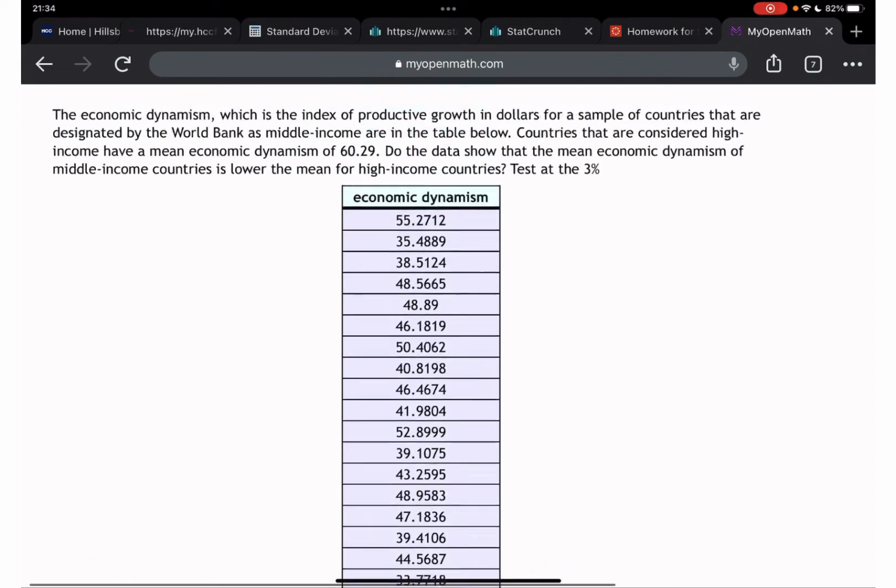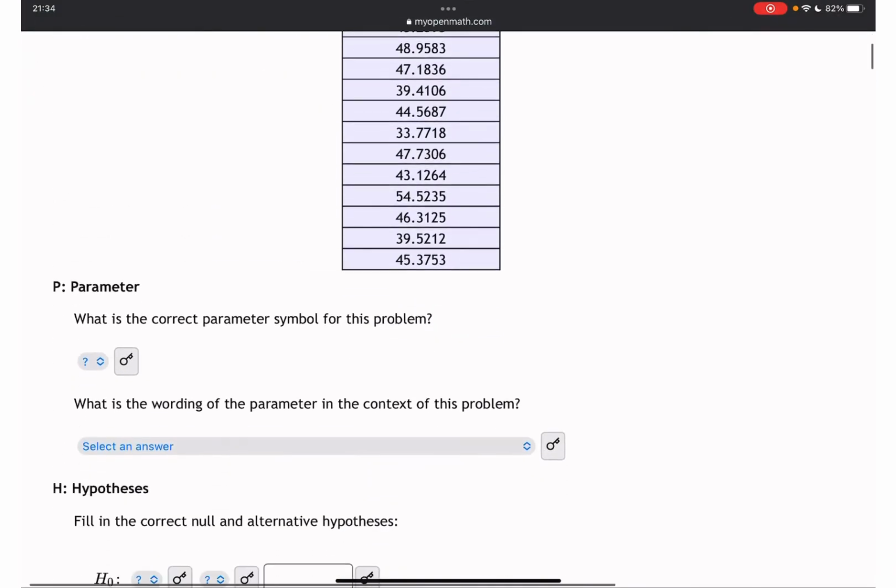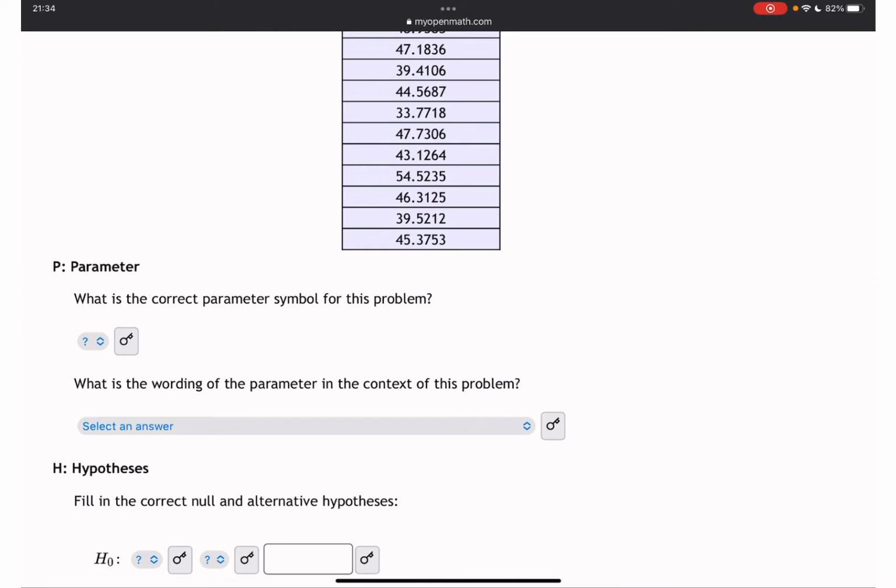Since we are talking about average, middle income countries have an average economic dynamism, and we need to find out whether the mean economic dynamism is lower. So the mean, which is going to be our mu. This is going to be our answer for the first question.